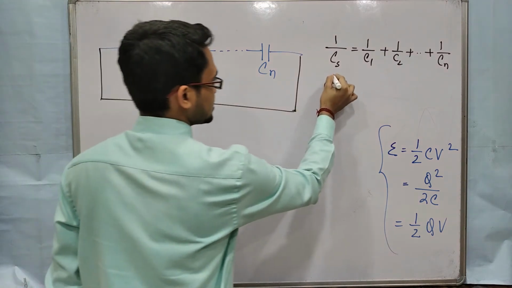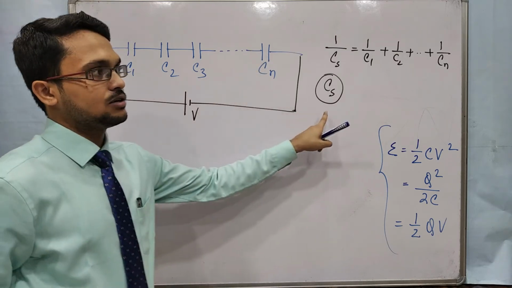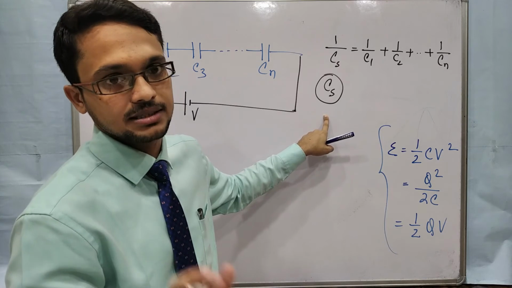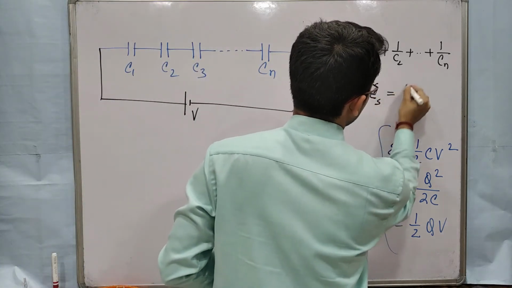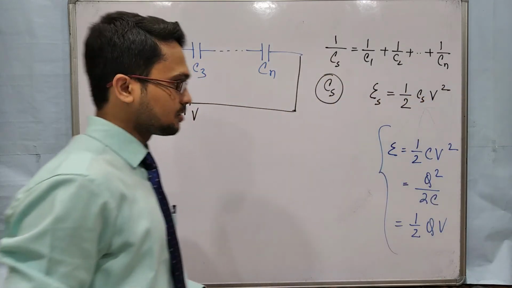So if you join them in series, the equivalent capacitance is always smaller, and the energy in series will be half CS V square.